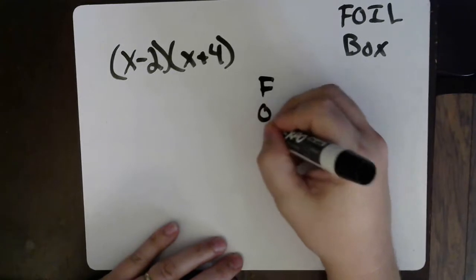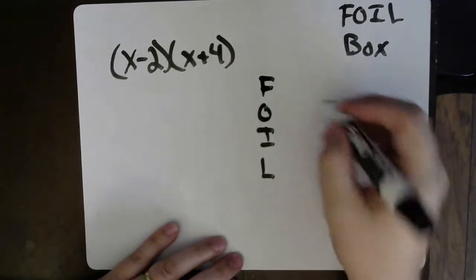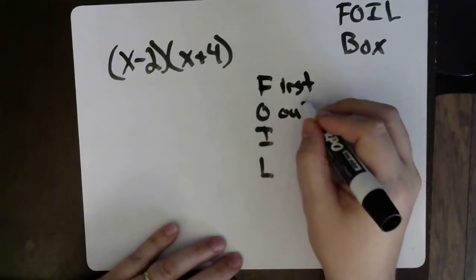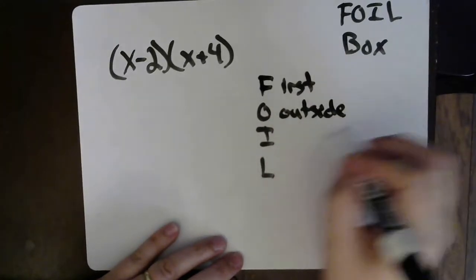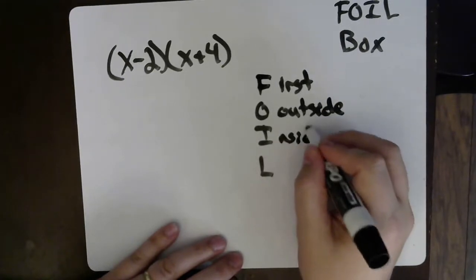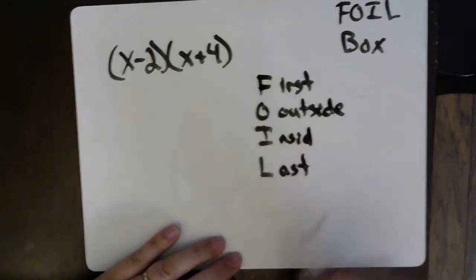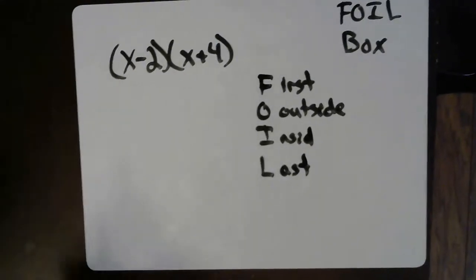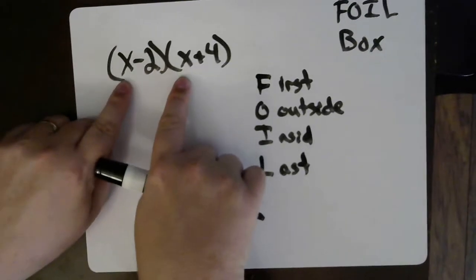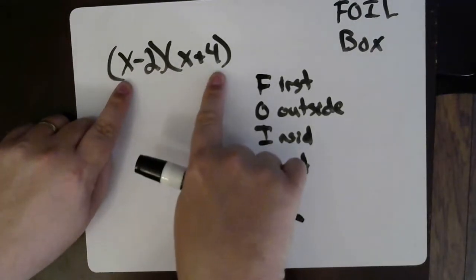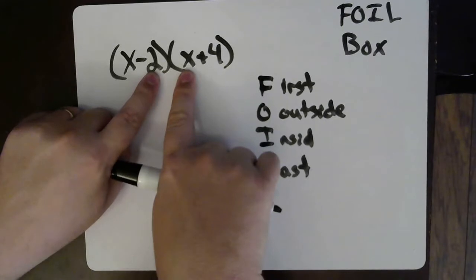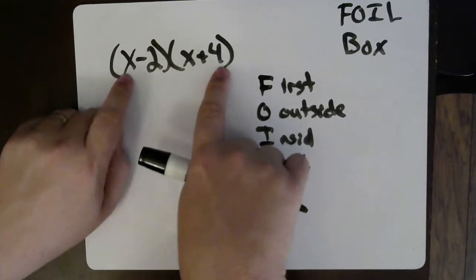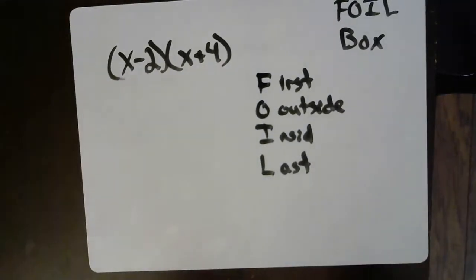FOIL stands for first, outside, inside, last. Again, first, outside, inside, last. So the first ones, the outside numbers, the inside, and then the last ones.